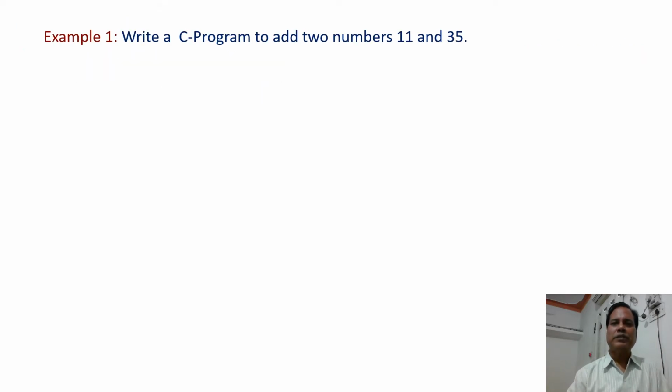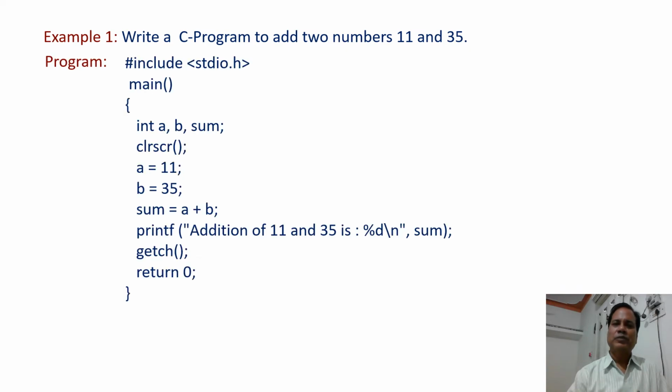Let us discuss a few examples just to get an in-depth idea of integer arithmetic. Here the program is: write a C program to add two numbers 11 and 35. Both numbers are integer numbers.